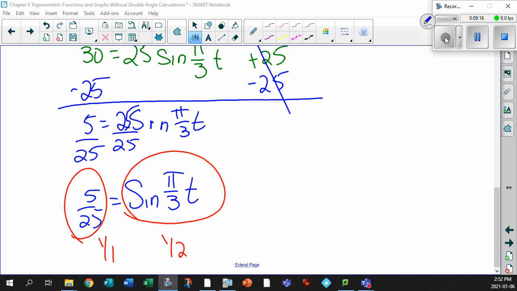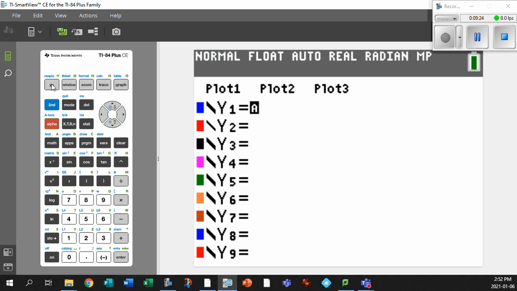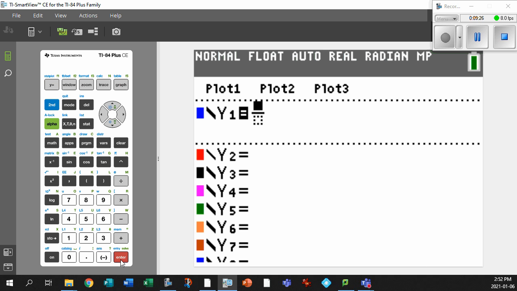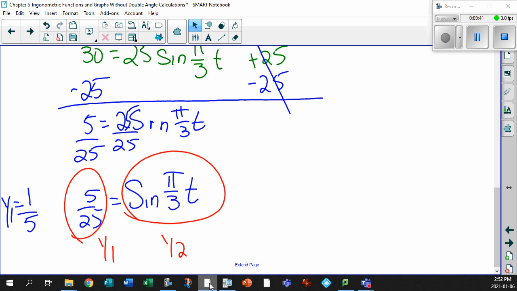You know that this 5 over 25 is 1 over 5, so there's your y1. Chuck that in there. Okay, so here we go. y1. Okay, I always like using the fractions. So, yep, 1 over 5. Perfect. Okay, right? y2 then would be your sine function. Your sine function, of course, being sine pi over 3x.